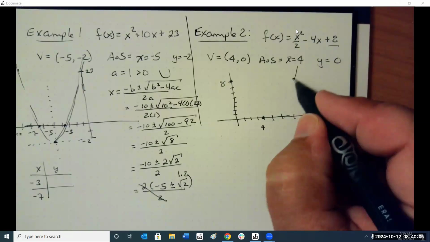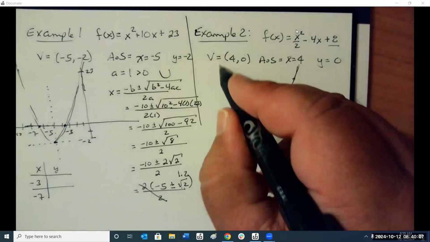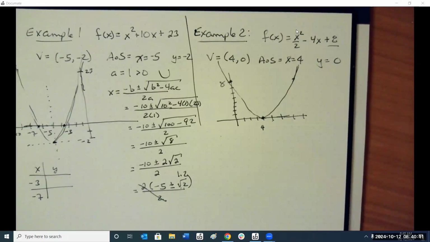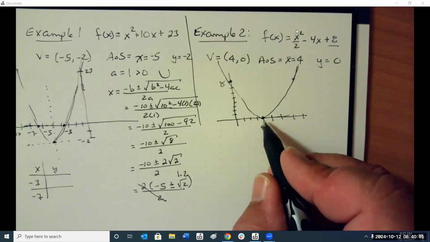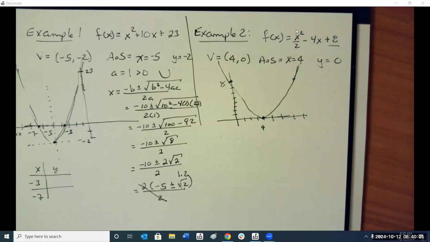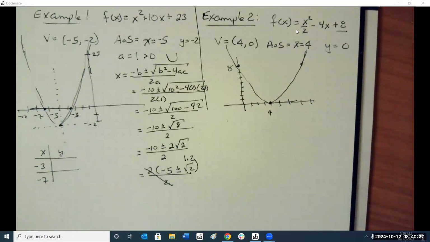So there we have our graph. We don't have to solve for this one because since it lands on the x-axis, that's the only x-intercept we have. We're going to have to do all the other work.